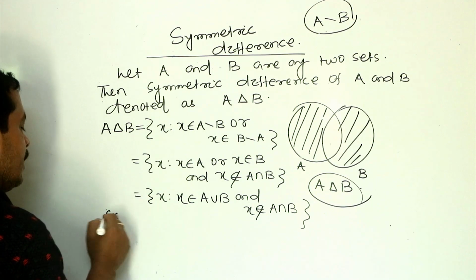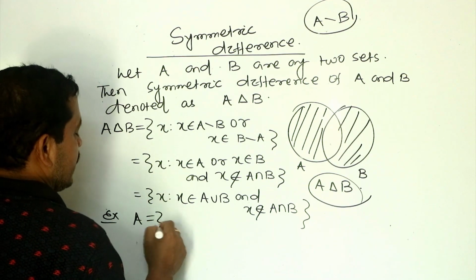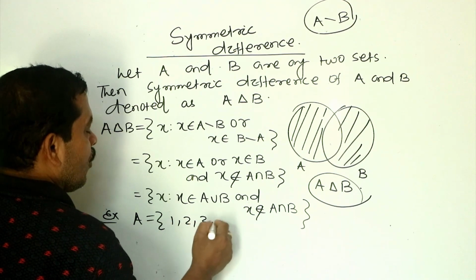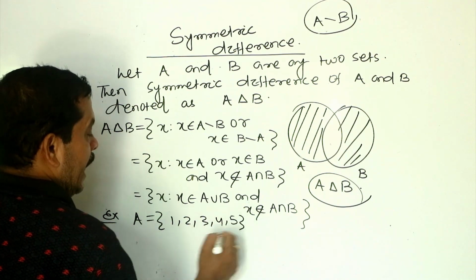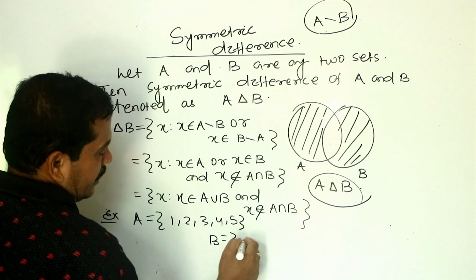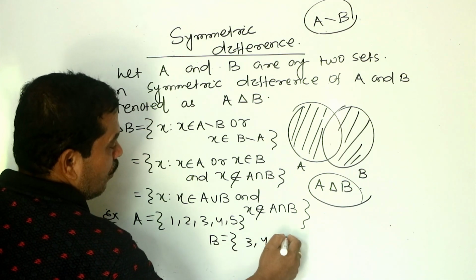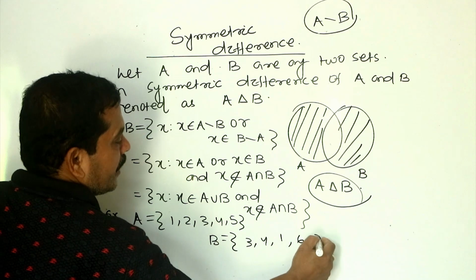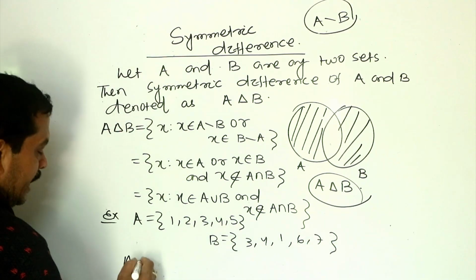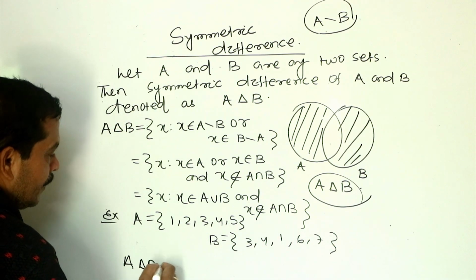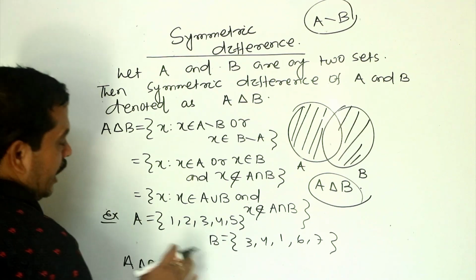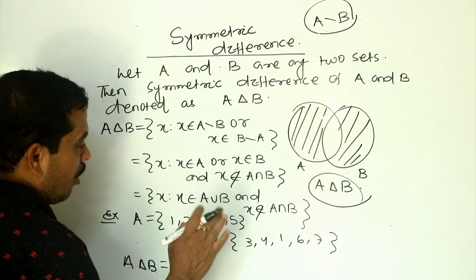For example, suppose set A contains the elements 1, 2, 3, 4, 5 and B contains the elements 3, 4, 1, 6, 7. Then A delta B should have no common elements.